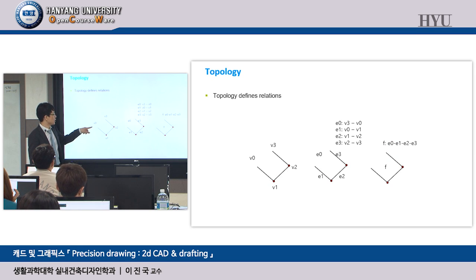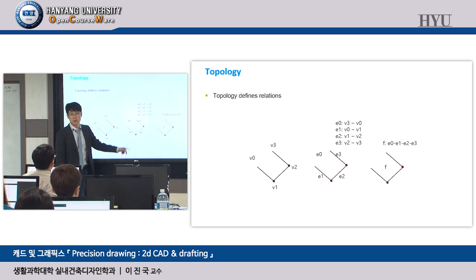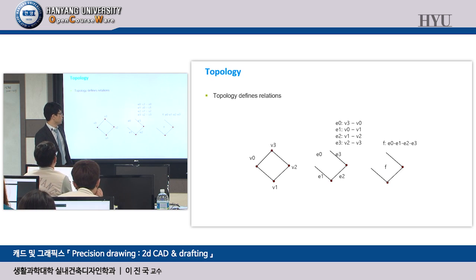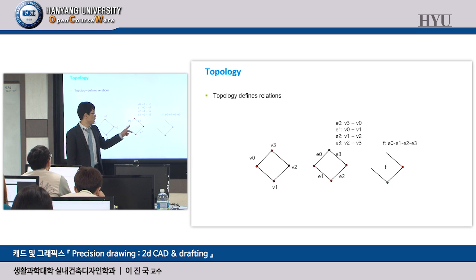Let's take a look. In this case, we are not calling them points or lines at this time. In terms of topology, we are saying vertices and edges, okay? Take a look. V0, V1, V2, V3, they are all connected by edges, okay?